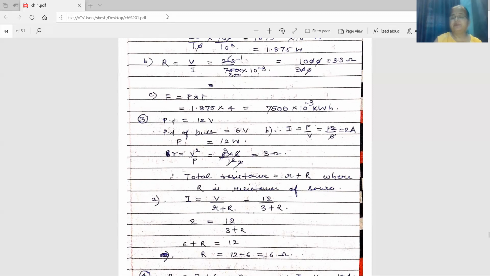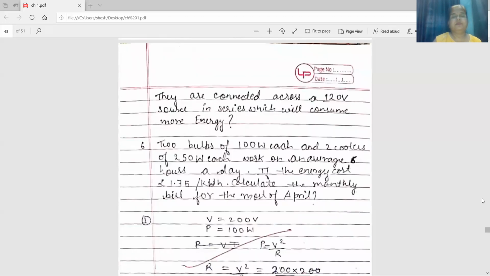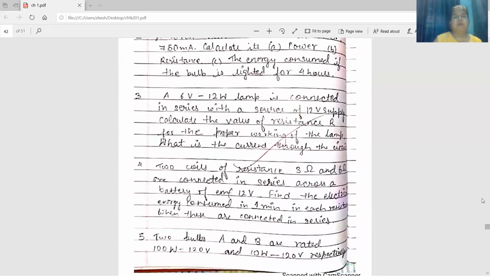Now number 3. A 6 volt, 12 watt lamp is connected in series with a source of 12 volt supply.